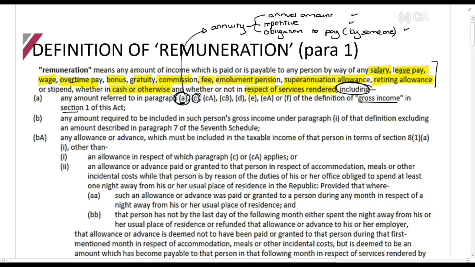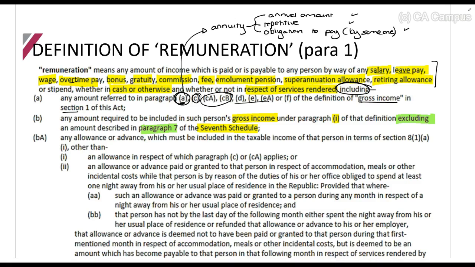C is for services rendered. Okay, so that's the paragraph that says for services rendered. CA and CB all have to do with restraint of trades, and the rest of these have to do with lump sums or from retirement. Okay, then, any amount required to be included in such person's gross income under paragraph i of the gross income definition, and that is the fringe benefit section. So they say in terms of paragraph 7. But just quickly see here, excluding the amount described in paragraph 7 of the 7th schedule.